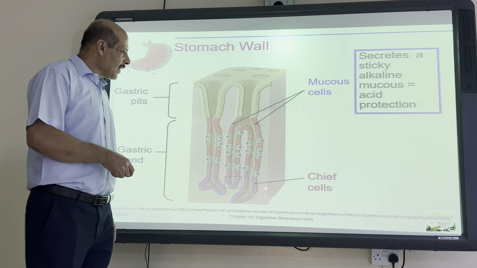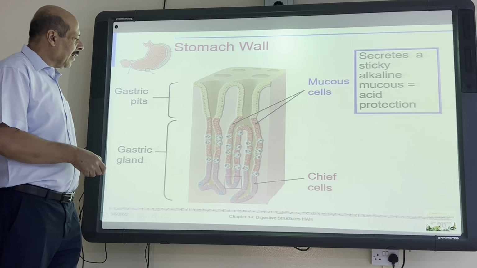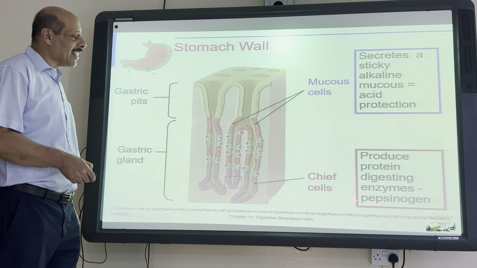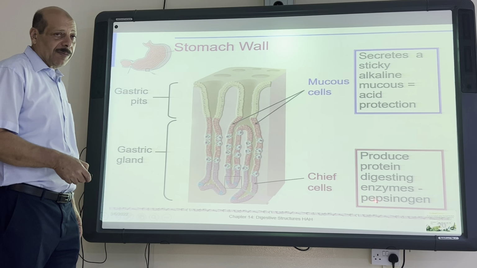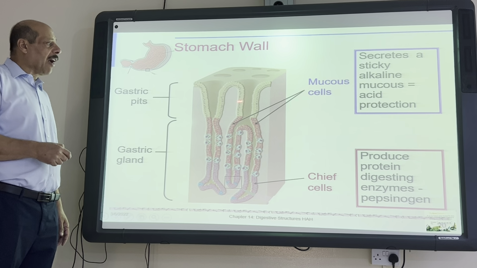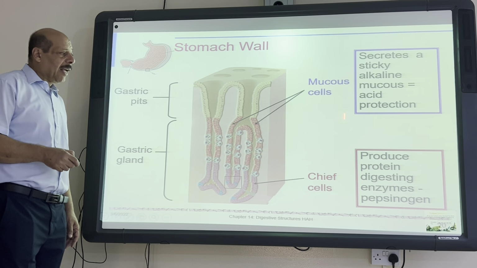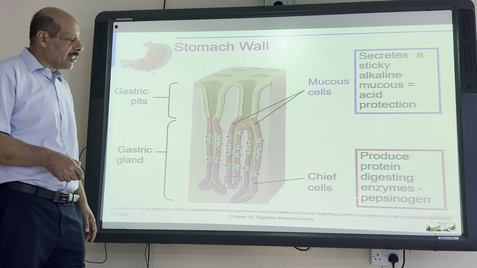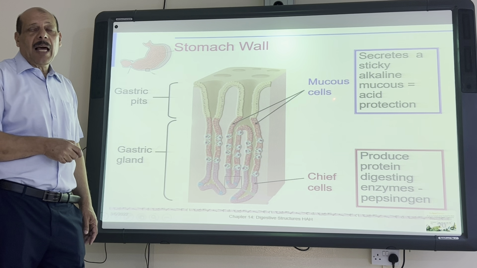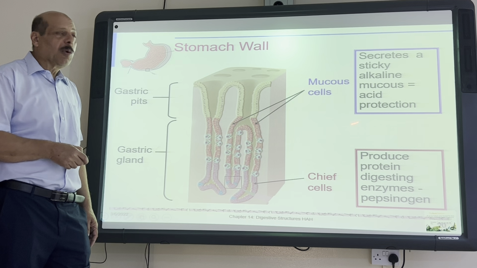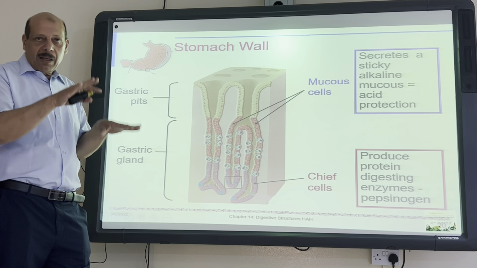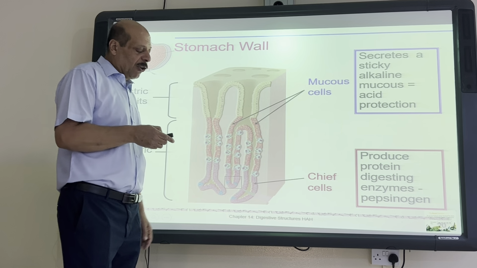This is what we call the chief cells in the layer that produce the protein digesting enzyme, the pepsinogen. So in the stomach wall, we have the mucus cell and we have the chief cells. The mucus cell will produce an alkaline mucus, which equalizes the acid production.